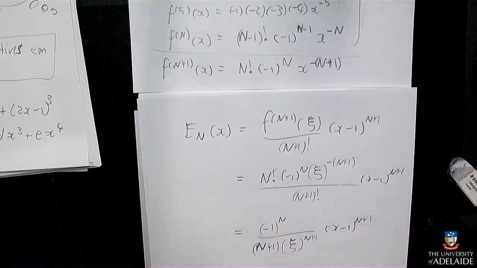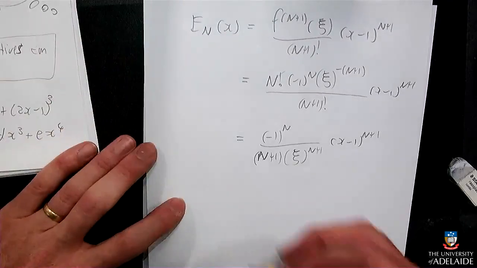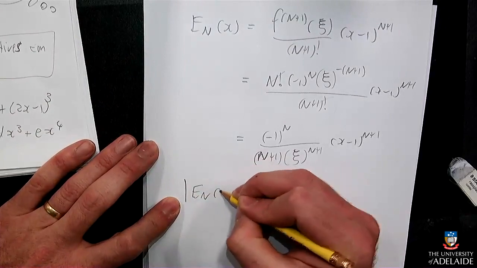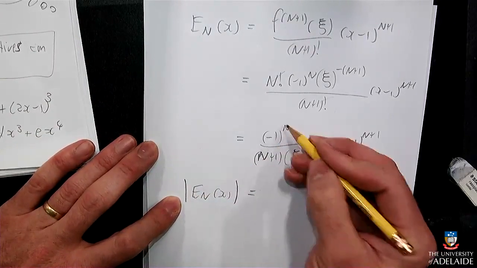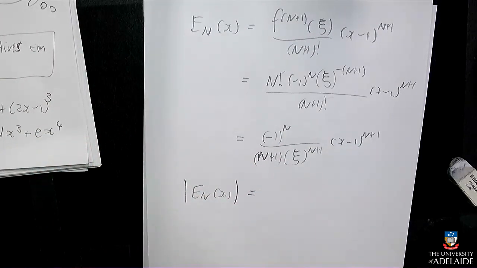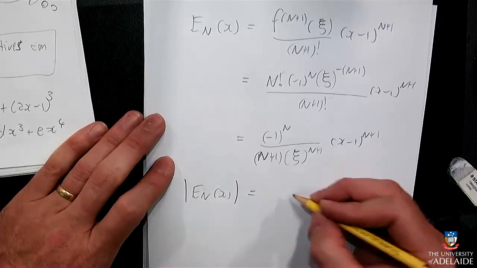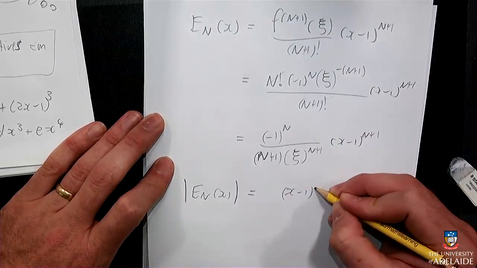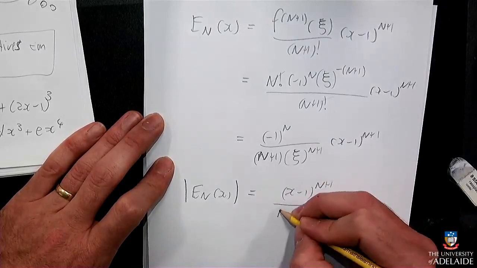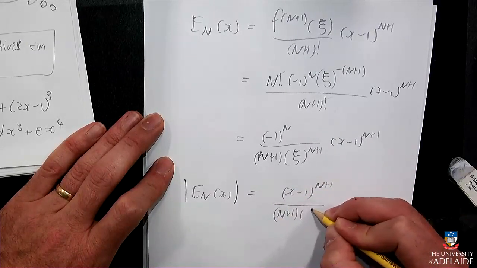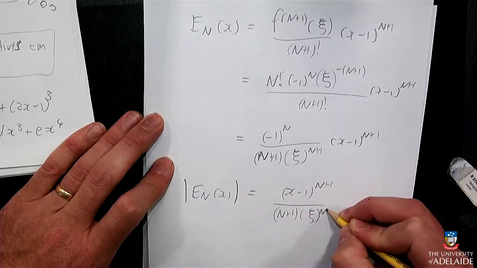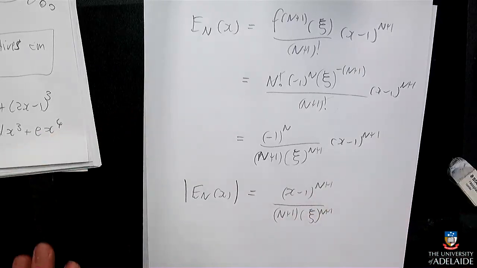Okay. And we only care about the absolute value of the error, so I might do that now. So minus 1 to the n, well, sometimes it's positive, sometimes it's negative, but if you do the absolute value, it'll always be 1 anyway, so I can just ignore that bit. Okay.